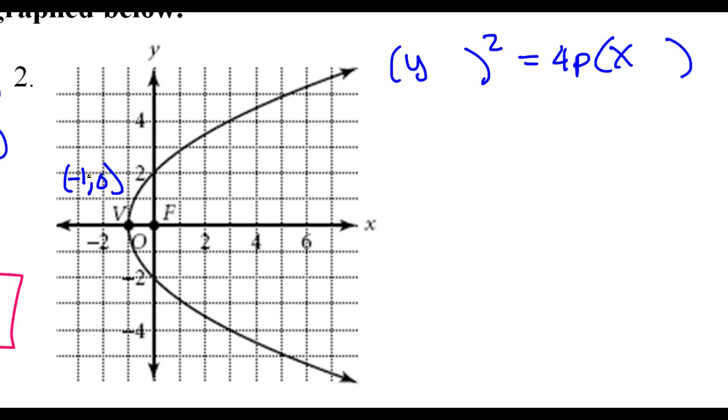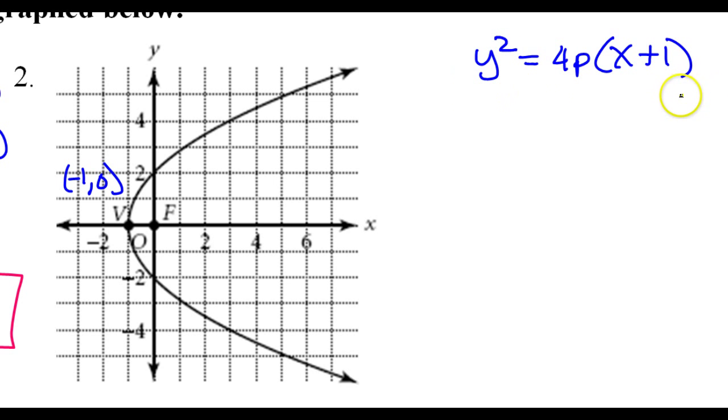So the negative 1 is going to give us the x value, except it will be opposite, so plus 1. The 0 goes here for the y value, but that means we're going to wind up just putting y squared, because y plus 0 is just y.